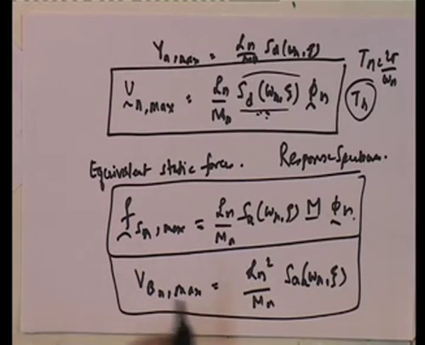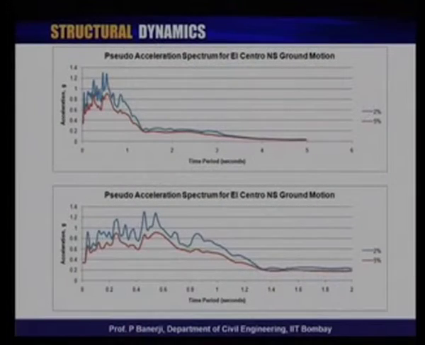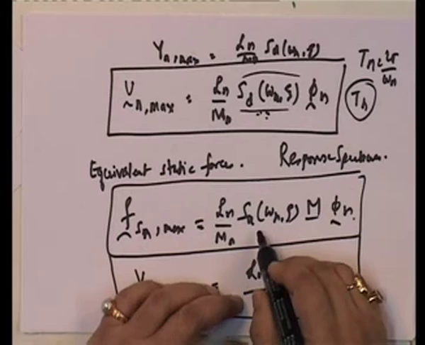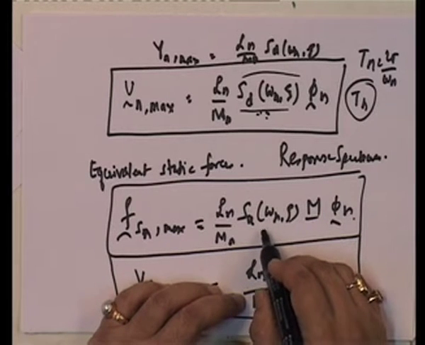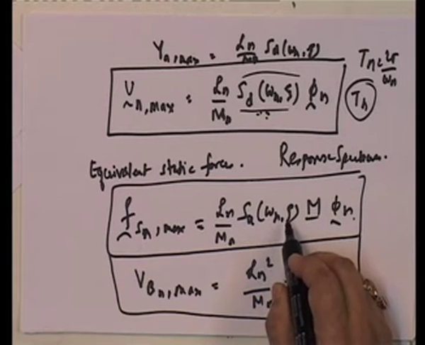Okay. So in this way you can find out the displacement in each mode. Similarly, if we look at the pseudo acceleration, for 3 seconds we go back over here and we see it's like 0.1 g. So in the first mode SA is going to be equal to 0.1 g, which is 1 meter per second squared.